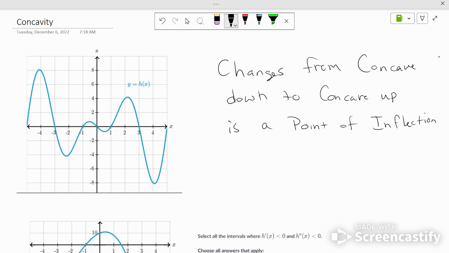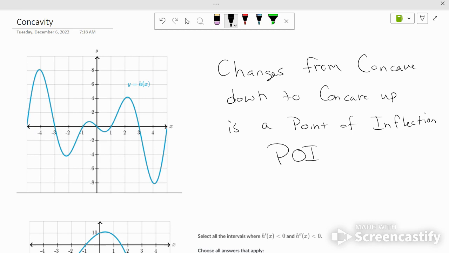In this class, we call it poi, like what people in Hawaii eat. Poi. Point of inflection, where we change concavity.